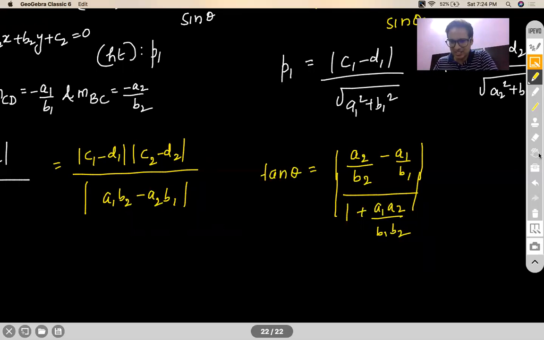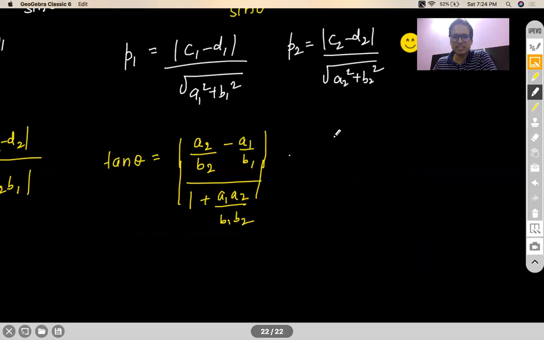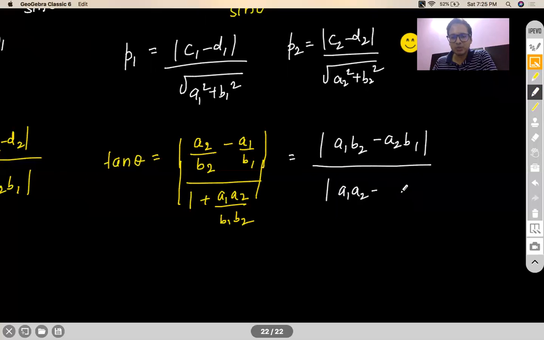Tan theta is this. Nobody doubts it. Now, if you simplify this, within the mod you can take the liberty to switch terms. So A1 B2 minus A2 B1, mod, by mod A1 A2 plus B1 B2. This is your tan theta.